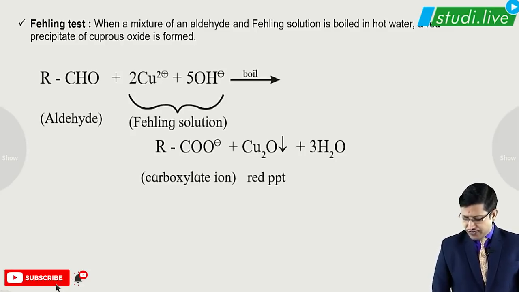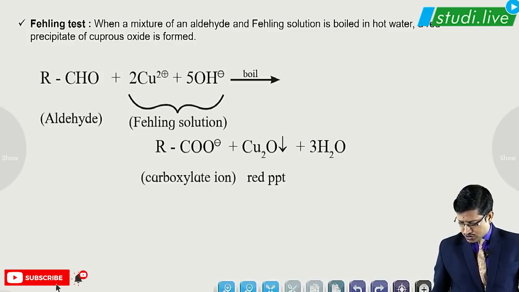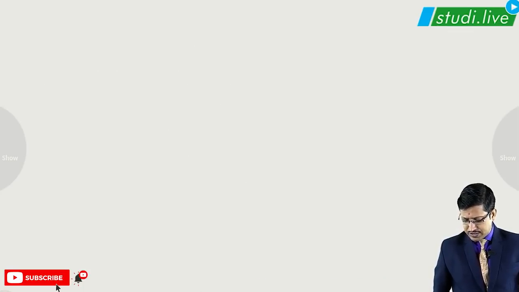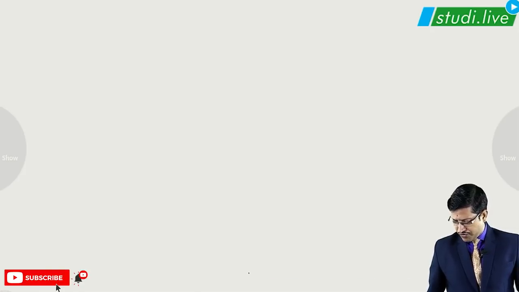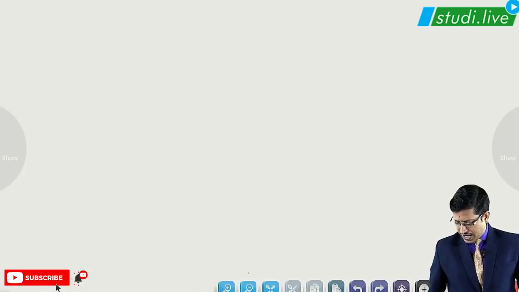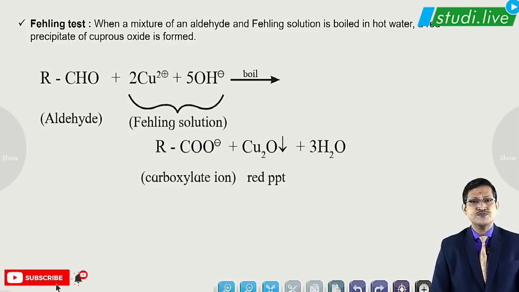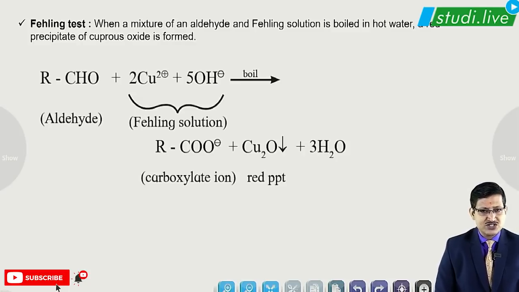So this is the Fehling's solution test. So this is what exactly happens with Fehling's solution test. For Fehling's test, it is aldehydes combining with Fehling solution to give you carboxylate ion.